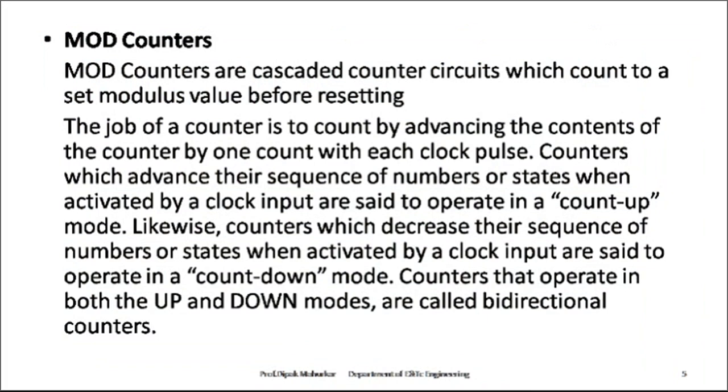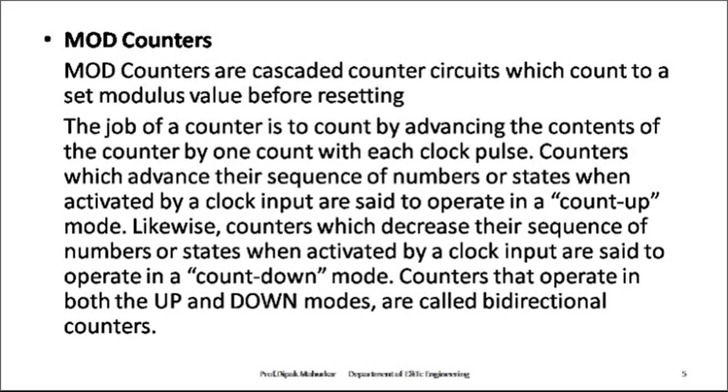Next is the mod counter. You know that a mod counter is cascaded. The total number of counts or stable states a counter can indicate is called the modulus. In short, we can call it mod.